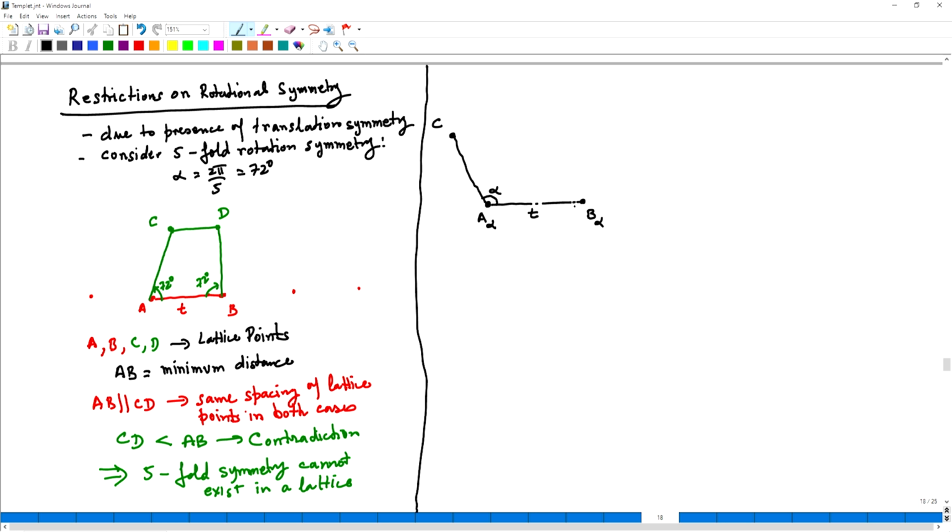Similarly, I give a rotation of alpha at B, but in the opposite direction, the clockwise direction, and this will take the lattice point at A and generate another lattice point at point D. C and D can be joined with a straight line, and you can see clearly that AB has to be parallel to CD.